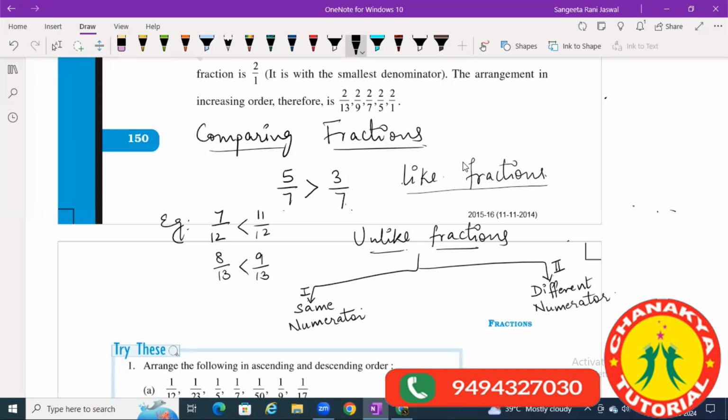In the same numerator, we took an example of 5 by 7 and 5 by 8, and we found that 5 by 7 is greater. So you can write down below this. I don't have space here, but you have space in your notebook.